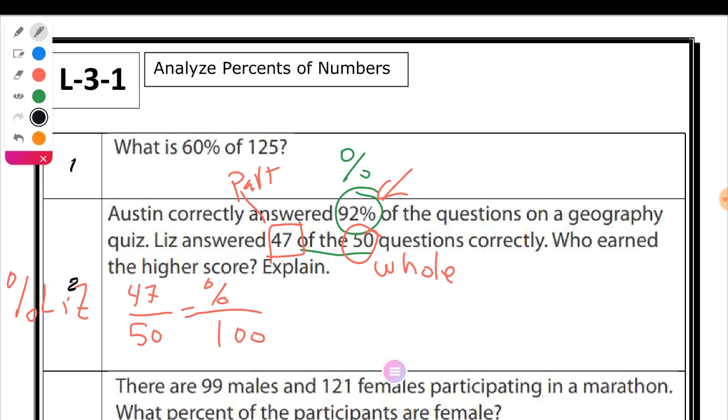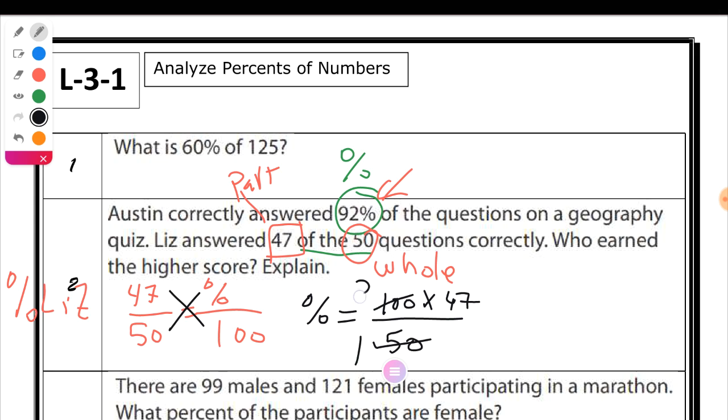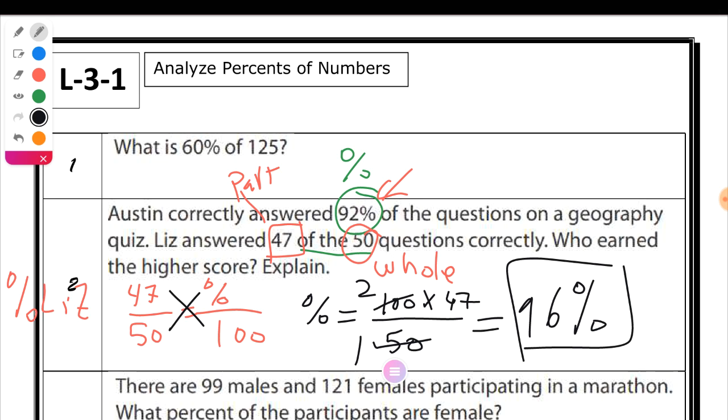Make cross multiplication. So percent equals 100 multiplied by 47 over 50. Simplify, 100 divided by 50 equals 2. So 2 multiplied by 47 will be 94%. Who earns more? Yeah, sure, it's less.